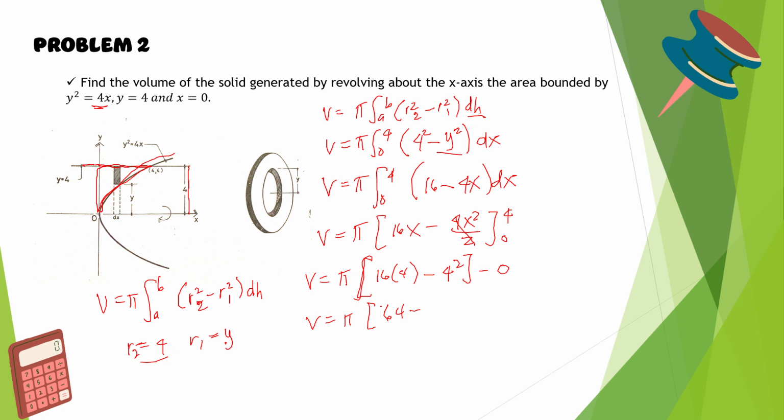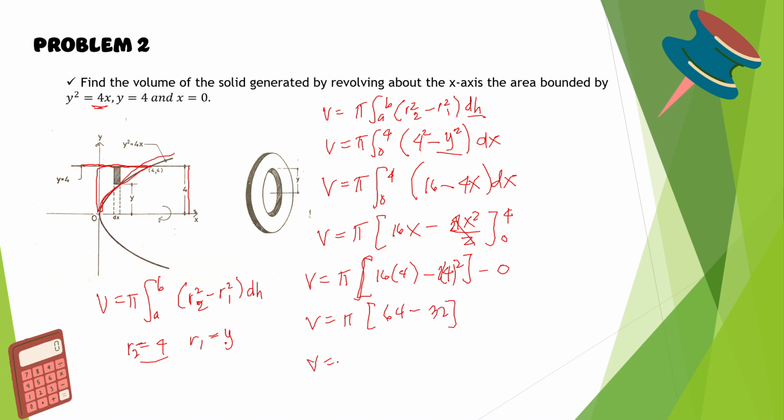minus, this is 2, right? It's 2x squared. So 4 squared times 2 is equal to 32.